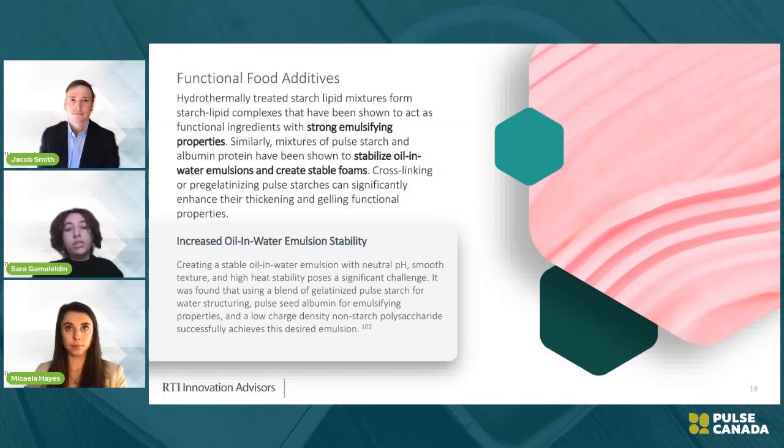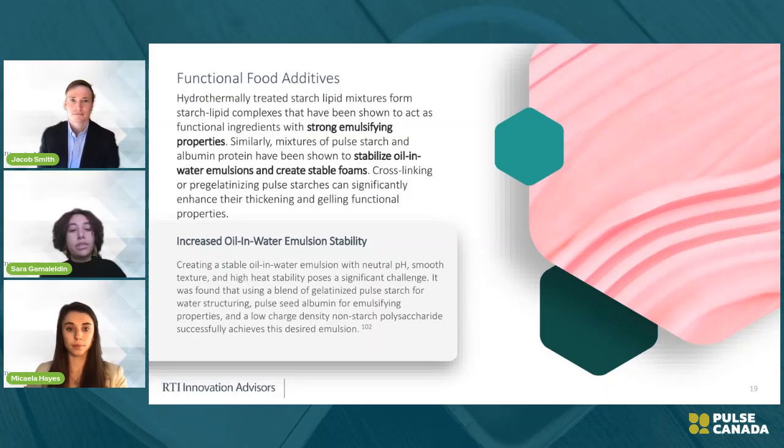Hydrothermally treated starch and lipid mixtures form complexes that have been shown to act as functional ingredients with strong emulsifying properties. Similarly, mixtures of pulse starch and albumin protein have been shown to stabilize oil and water emulsions and create stable foams.